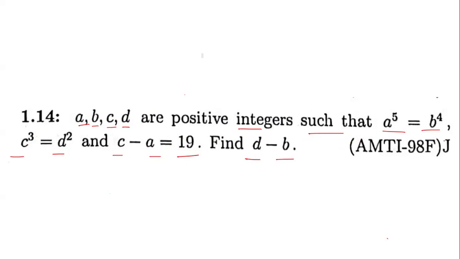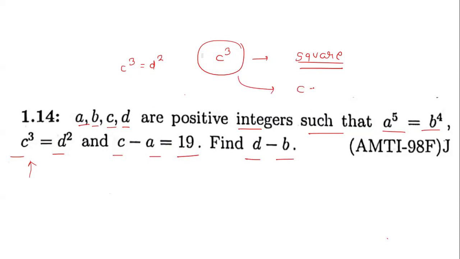Here you can see that in the problem it is given that c cube is equal to d square. So c cube is a square type, it is a square of something. How can it be possible? It can be possible if c is some c1 square type. If you take the cube, it will come like c1 raised to power 6, which is a square type.